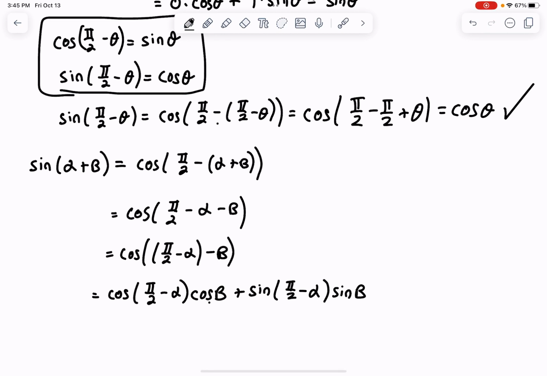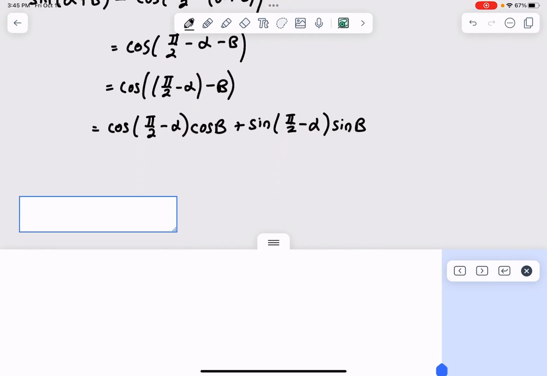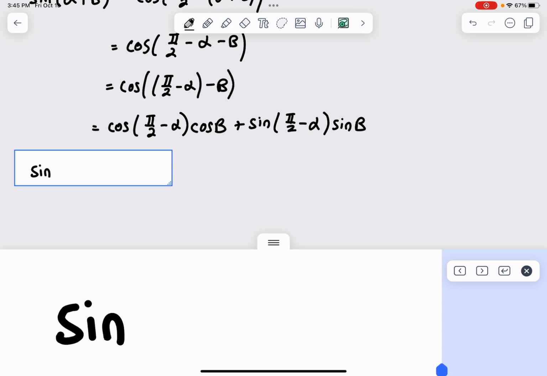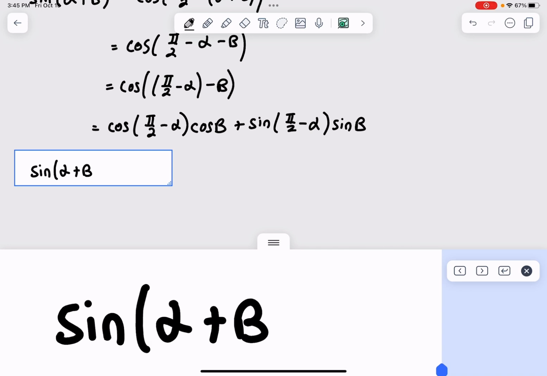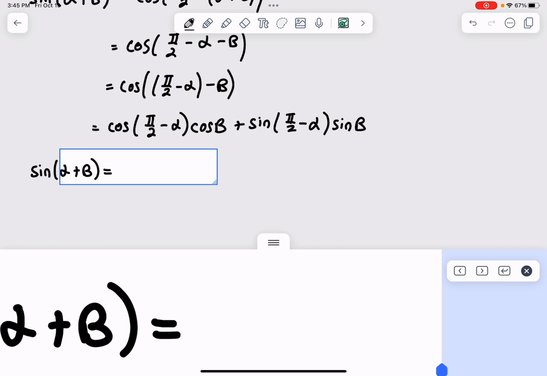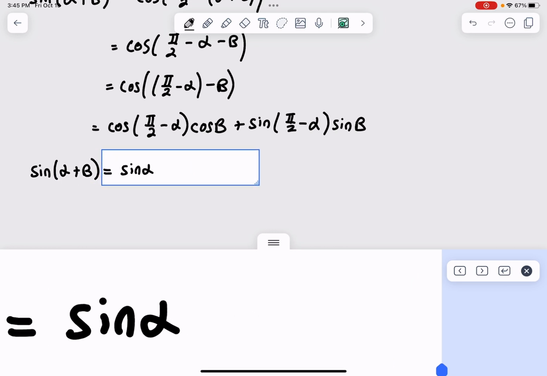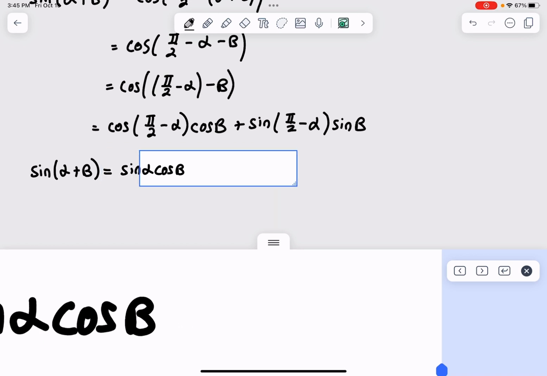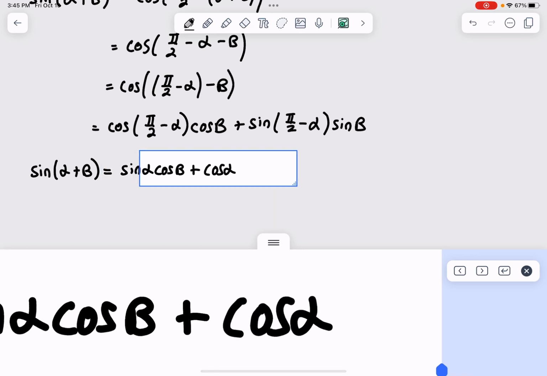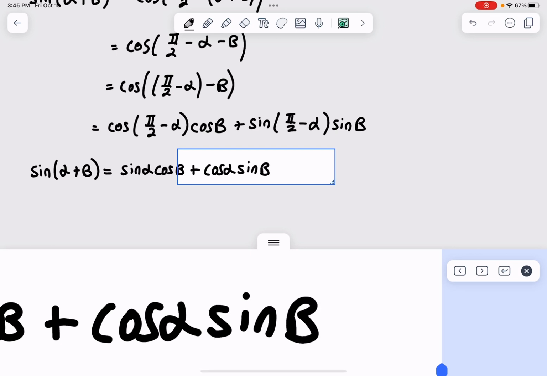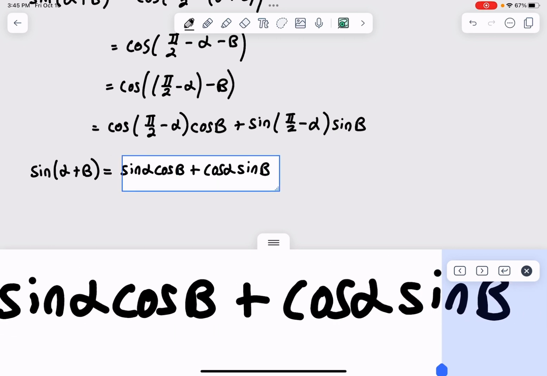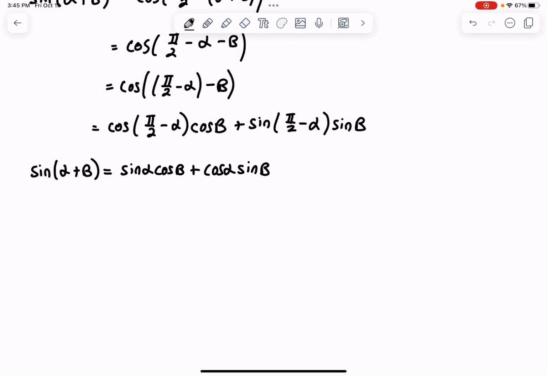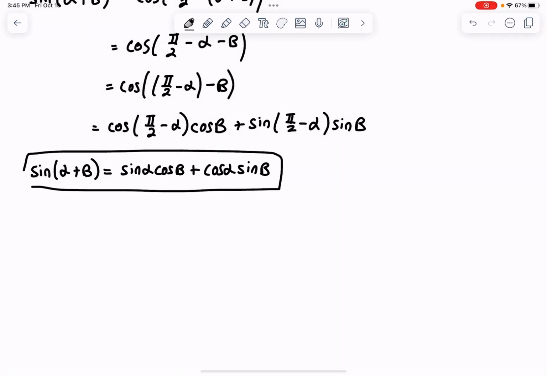And so finally we have our identity here, that sine of alpha plus beta is equal to sine of alpha cosine beta plus cosine of alpha sine of beta. And so that is our angle sum identity for sine. And that is another one of the ones you will want to remember and be able to work with.